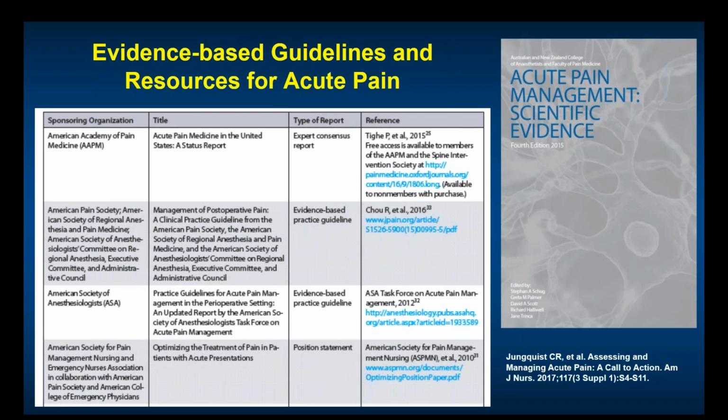It's a 780-something page document, but it's a PDF, and you can search it very easily for anything that you're interested in terms of treatment of acute pain, and it'll tell you what the level of evidence is. So, for example, a common practice in the emergency department is giving opioid analgesics to migraineurs, patients with migraines. And if you go to this document and you search for headaches, it will give you the evidence that opioid analgesics are not effective in acute migraine pain, and will give you some alternative therapies.